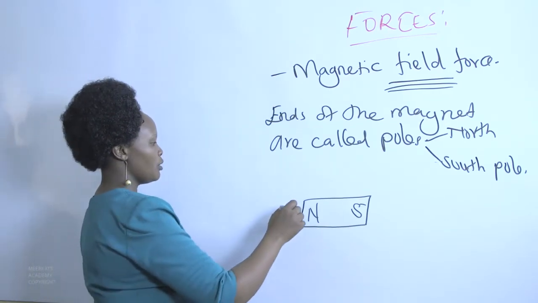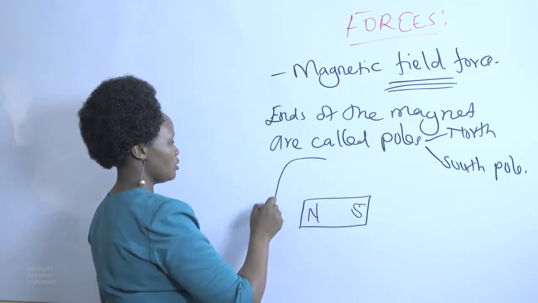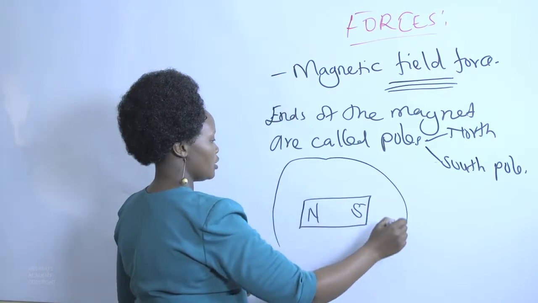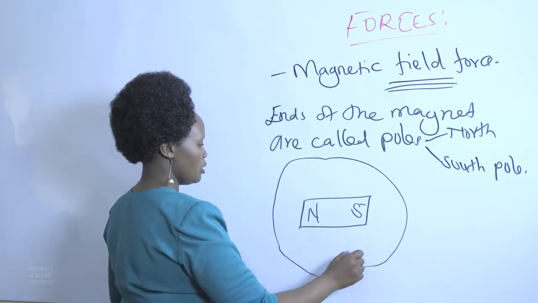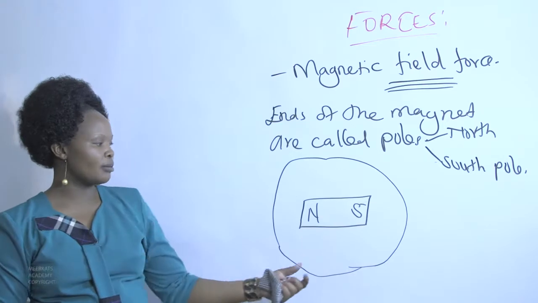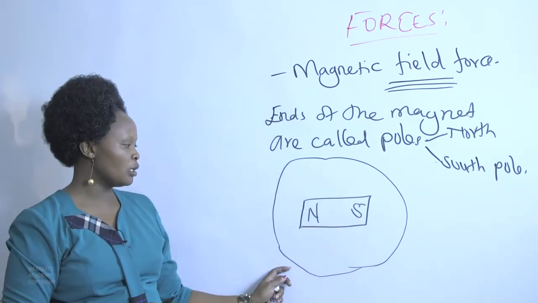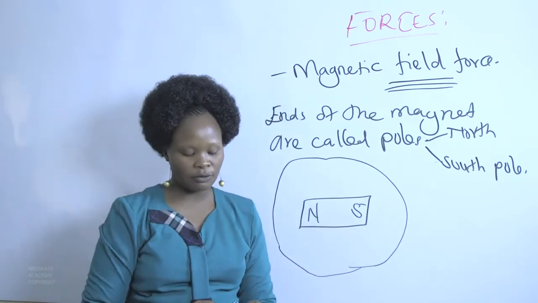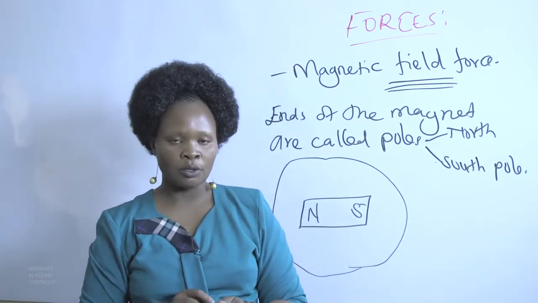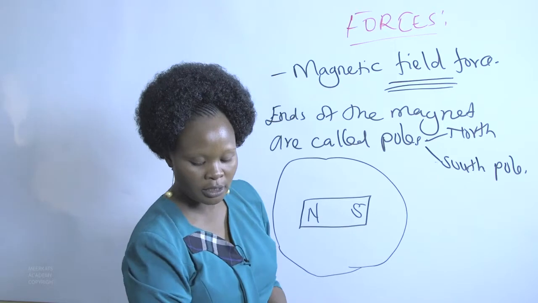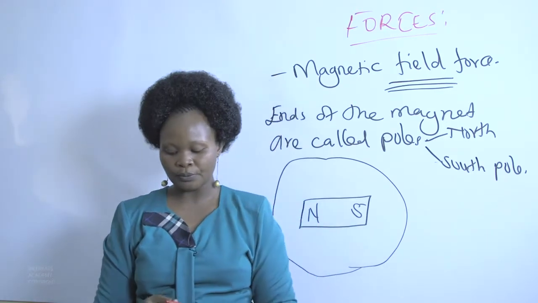We are saying there will be a region around it. If you place a magnetic material anywhere in this region, it is supposed to be influenced by that force that we are calling magnetic force.